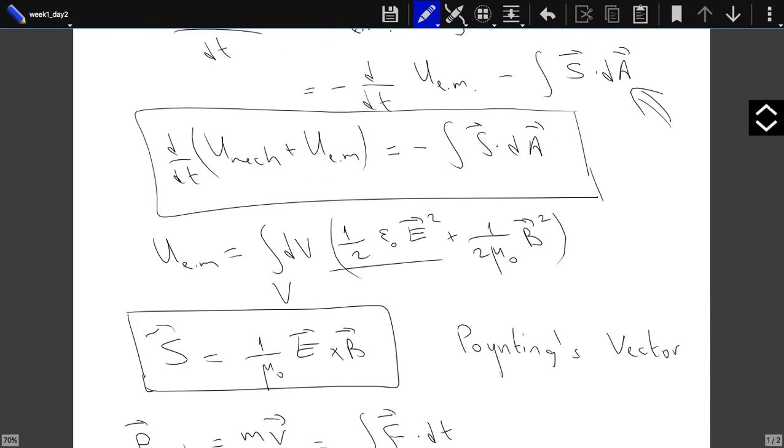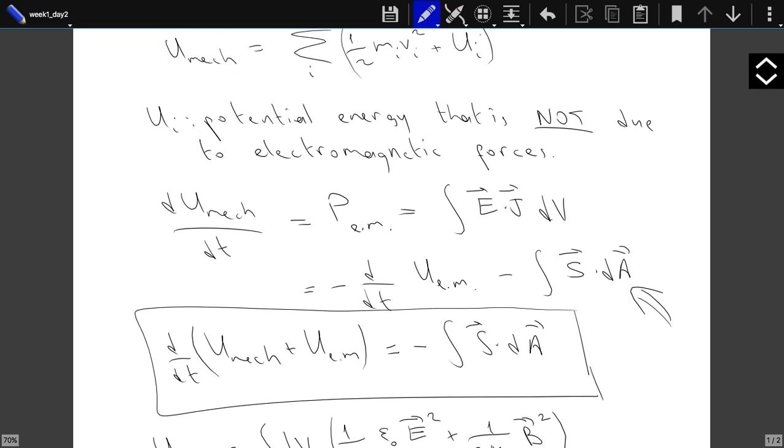If we did everything properly, the unit of this integral should be energy over time. The unit of this integral is the unit of the Poynting vector multiplied by the area. So the unit of the Poynting vector should be energy per unit time per unit area.